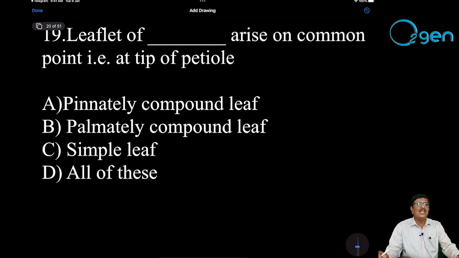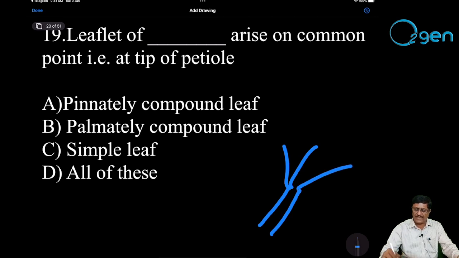19th question. Leaflets of dash arise on a common point, that is at the tip of the petiole. So the leaf petiole is like this. All the leaves are developed from here.